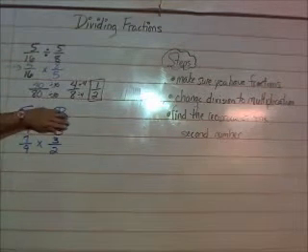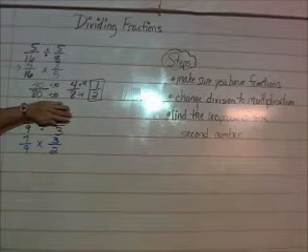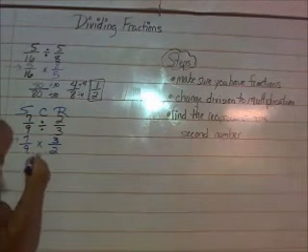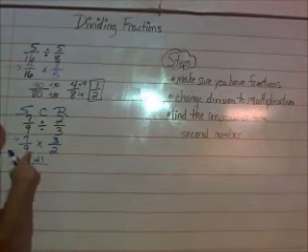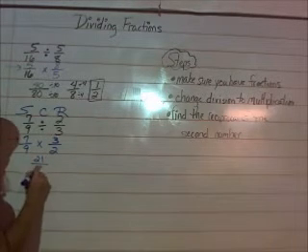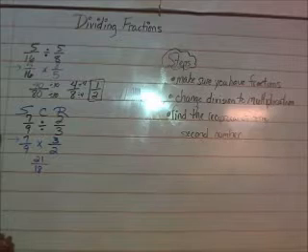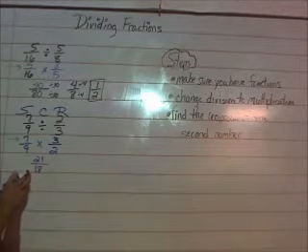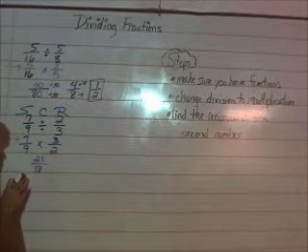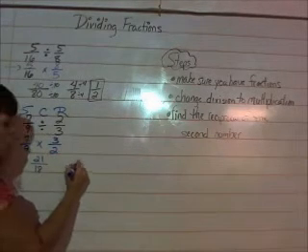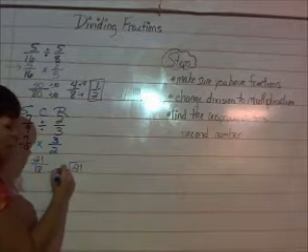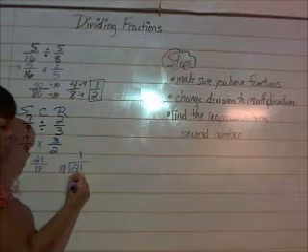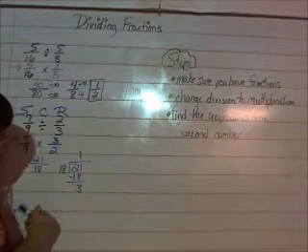Now, it's just a multiplication problem, just like it was before. Multiply straight across. 7 times 3 is 21, over 9 times 2, 18. Can I reduce it? Yes. Is it improper? Yes. So let's get rid of the improper part first. So 21 divided by 18. Well, 18 will go into 21 once, 3 left over.